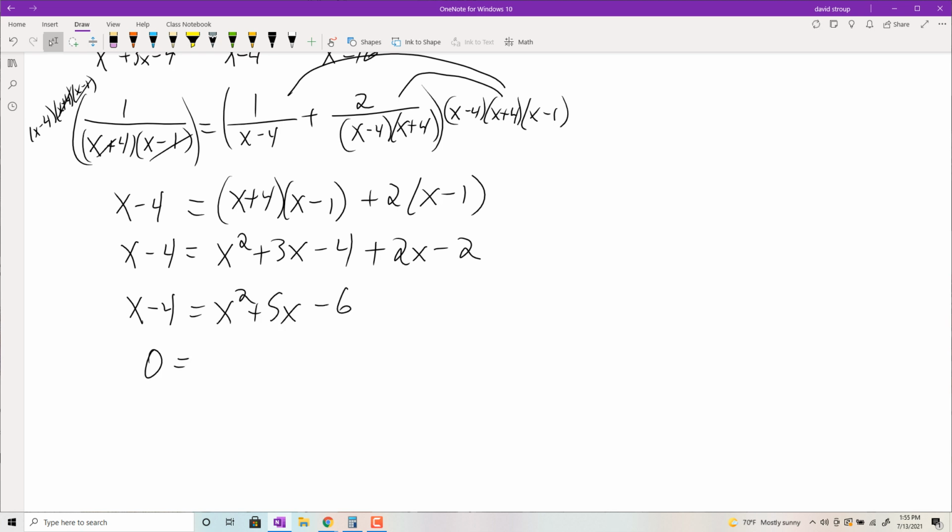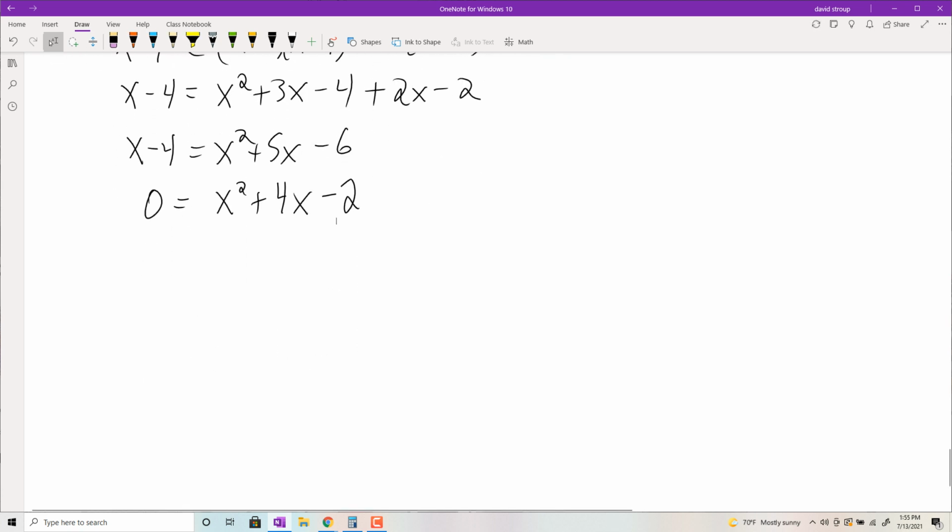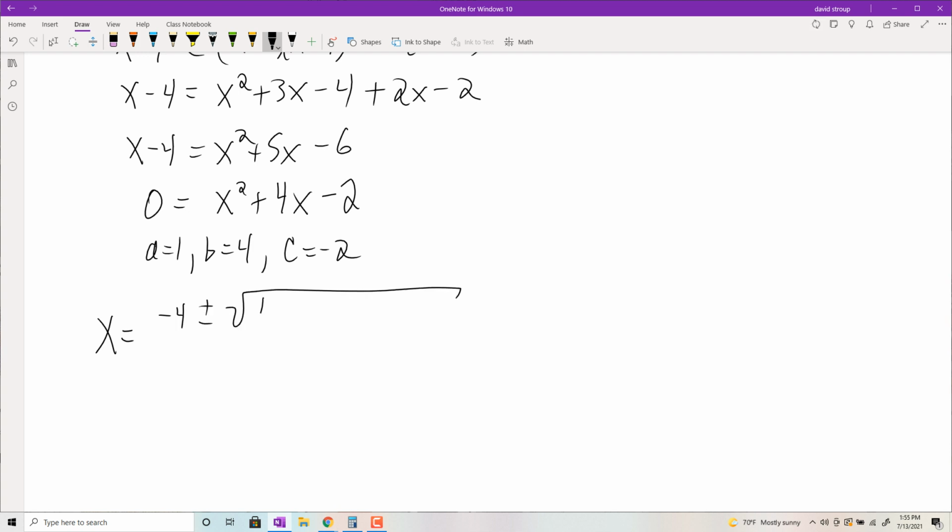Then bring everything to one side: 0 equals x squared plus 4x minus 2. And of course that thing won't factor, so you need to use the quadratic. So a is 1, b is 4, c is negative 2. So x is equal to negative b plus or minus the square root of b squared minus 4 times a times c, all over 2 times a.